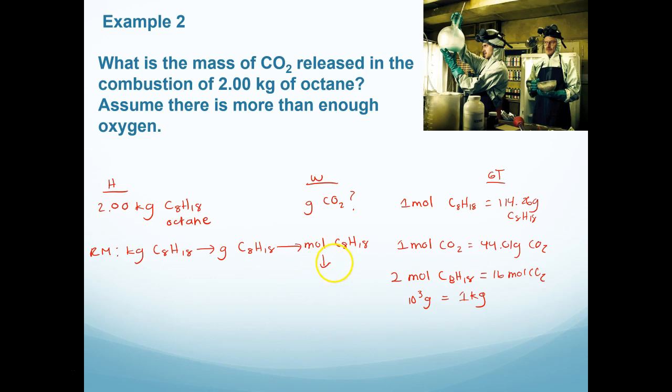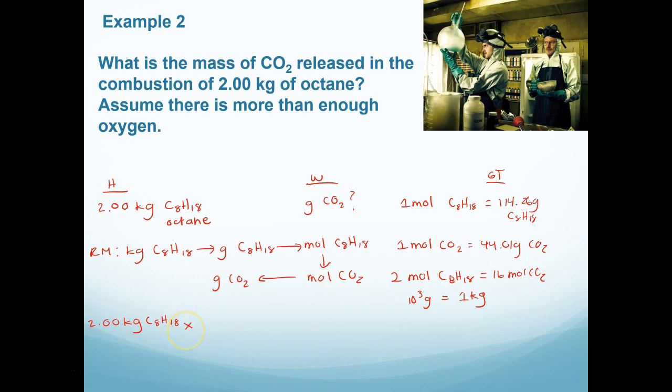From moles of octane, I can relate that to moles of CO2, and from there, I can relate that to grams of carbon dioxide. Right? And then it just becomes, let's plug in the numbers. We're starting with 2.00 kilograms of octane.